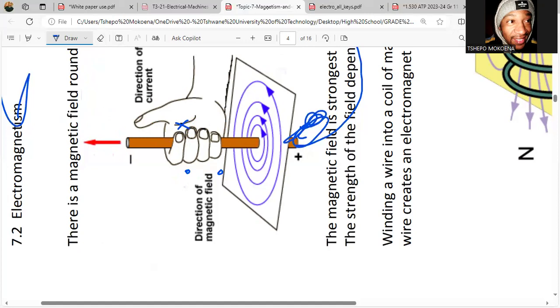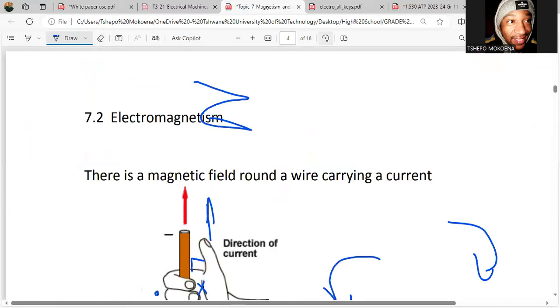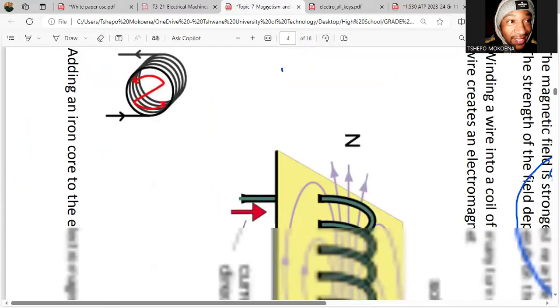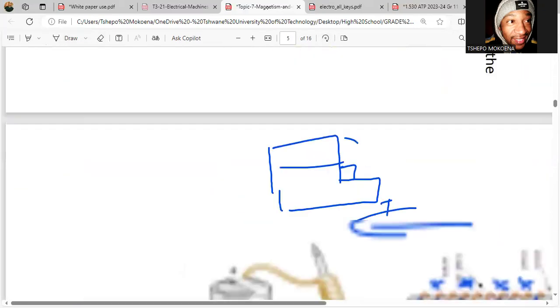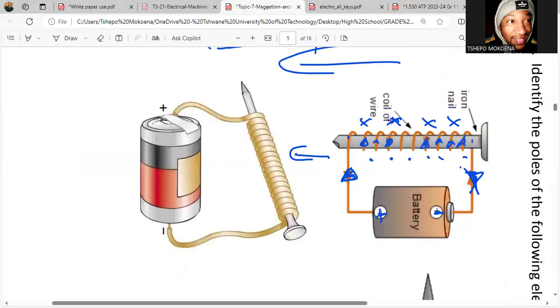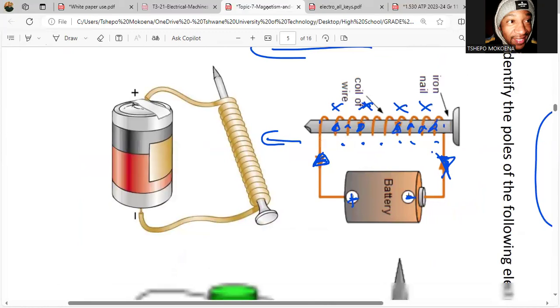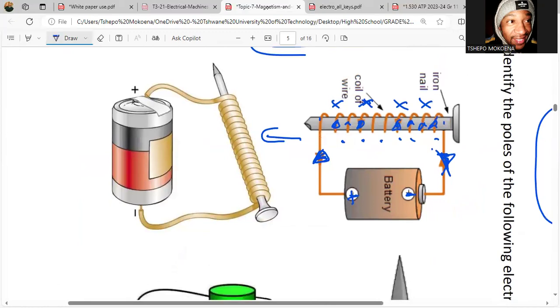You see those fingers, they're going to come out here and then they wrap along that solenoid. So automatically look where your thumb is facing. Your thumb is facing in this direction. If your thumb is facing in that direction, that means the north side will be here. And automatically the south side will be there.